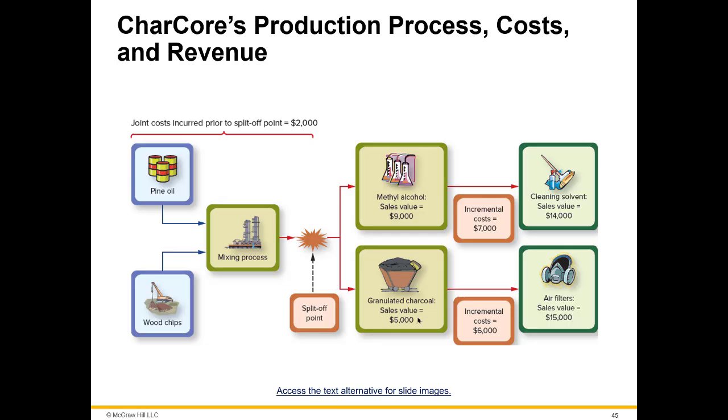So we could stop there or continue. If we continue, then methyl alcohol becomes cleaning solvent worth $14,000, but we incur additional costs of $7,000. Okay, this granulated charcoal could turn into air filters at an incremental cost of $6,000. So we have some decisions to make.